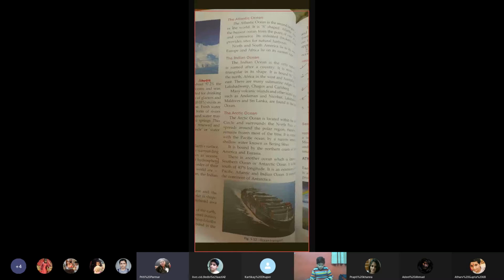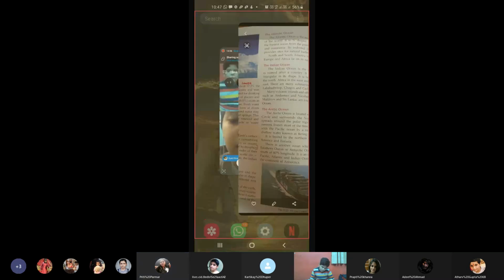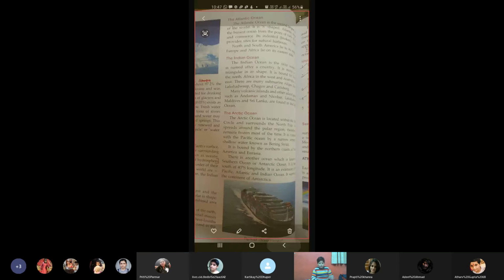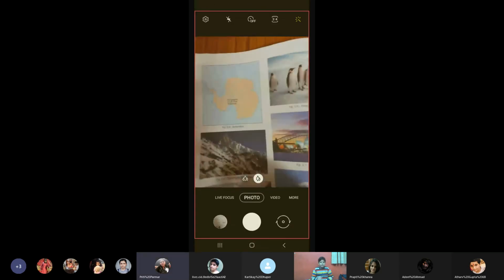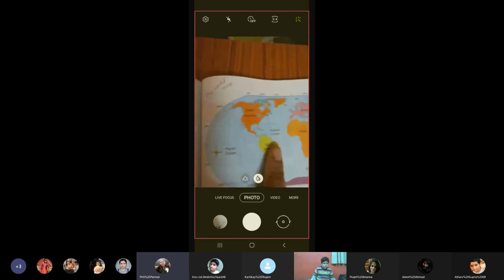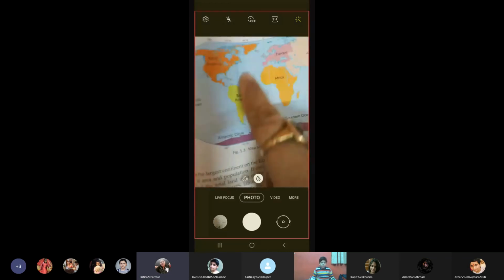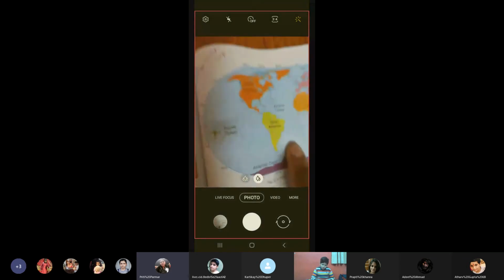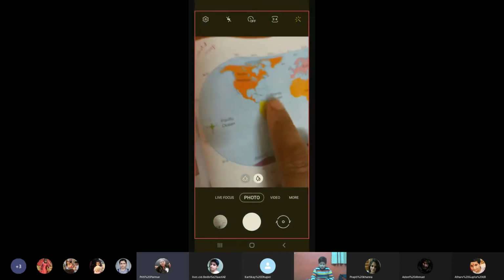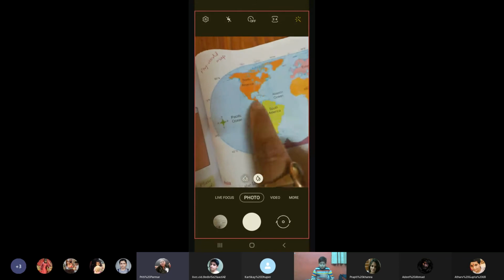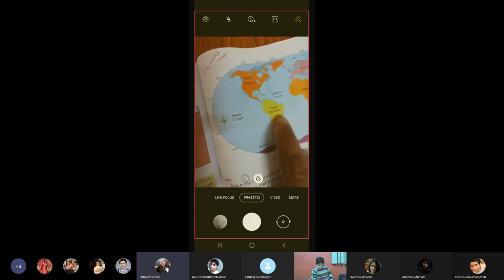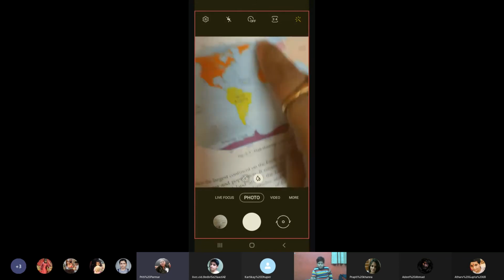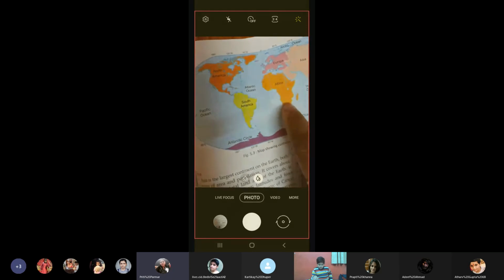Now, if you all see through this, I'll show you again. Just a second, please. Yes, here. If you see Atlantic Ocean, it is in the form of S. Can you see this S form? Now, this is the busiest ocean. Why? Because see all the areas it is covering. It is providing a big, huge natural harbor for so many countries, continents.